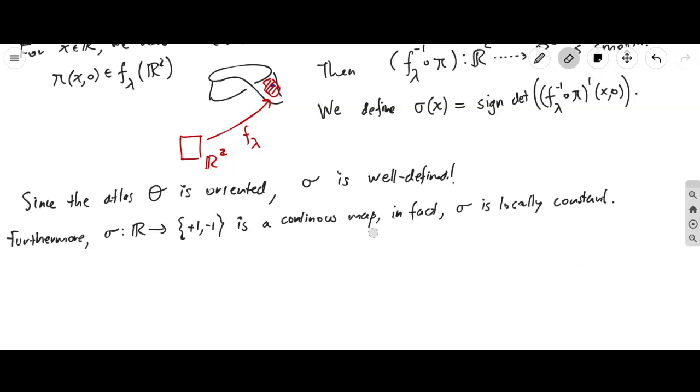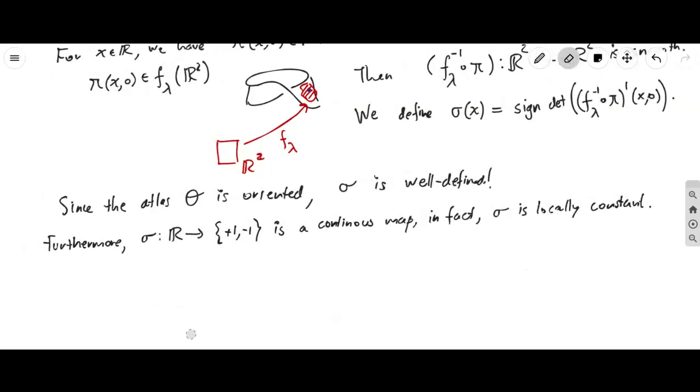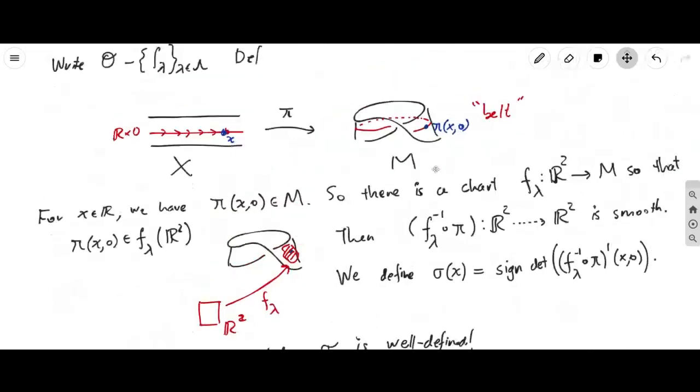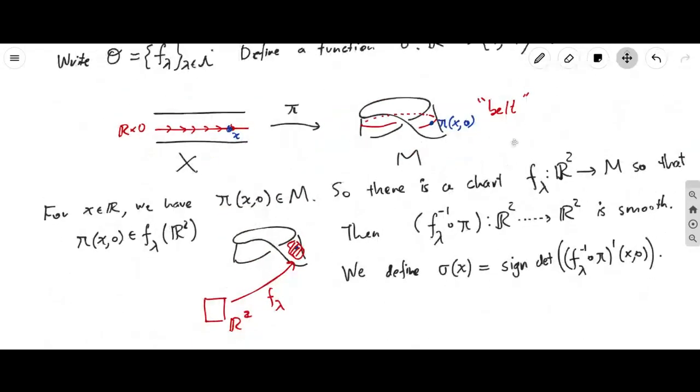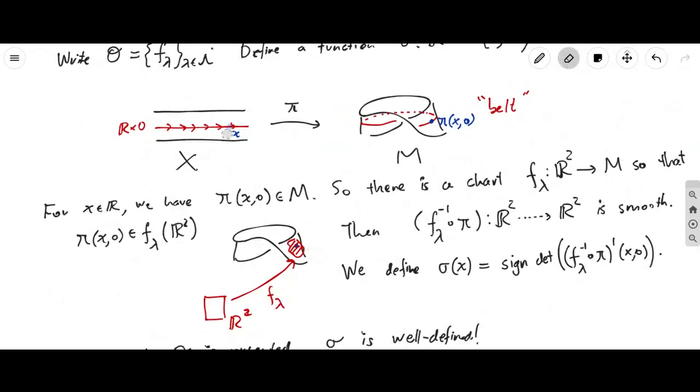So how do you show that it's locally constant? It's actually very simple. I'm not going to write this out, but let's go back to the definition. When you pick this point x and map it here, you pick a chart that contains it.